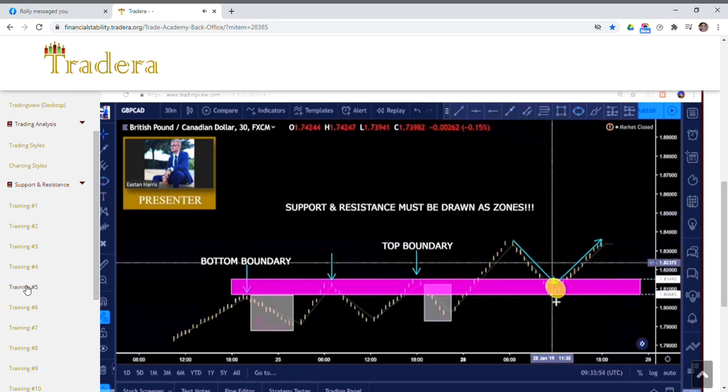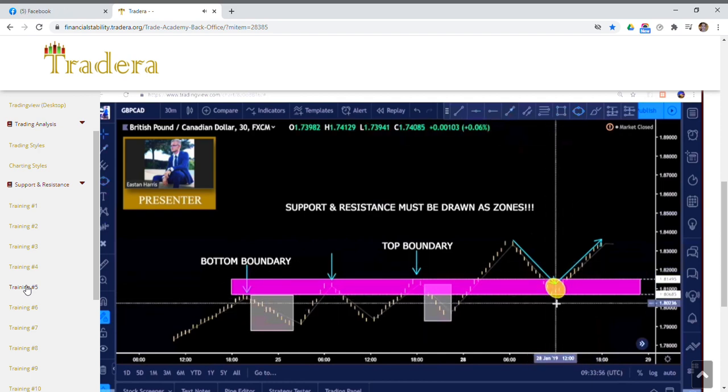We weren't trying to sell this anymore. We were trying to buy it, and we made money. You know, this is how support and resistance zones work. This is specifically how you draw them. Now we're going to dive into the chart, and I'm going to show y'all exactly how to do this whole process within a real chart.